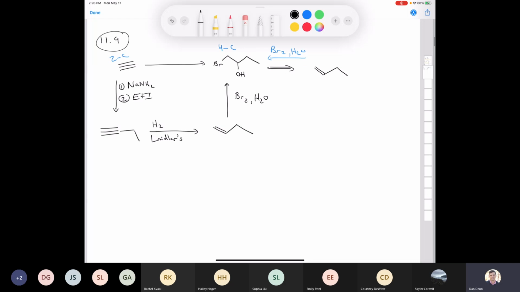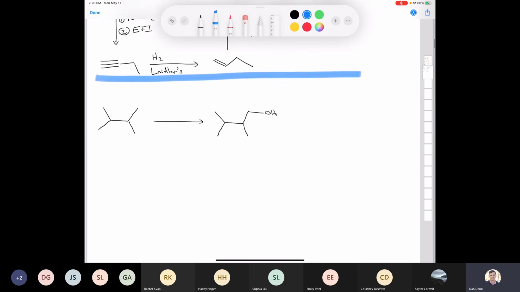Let's try another one. This is the second one that I had on that slide. So we're starting with this compound. So this is 2,3-dimethylbutane. And if we want to convert that into a primary alcohol, this is another great example of how we could employ retrosynthesis to get ourselves going.